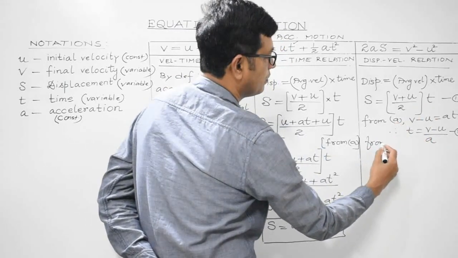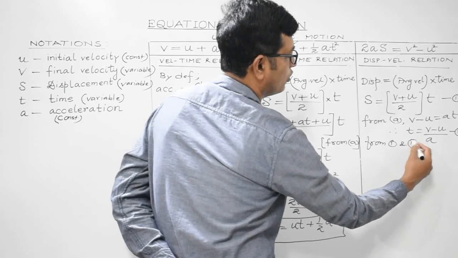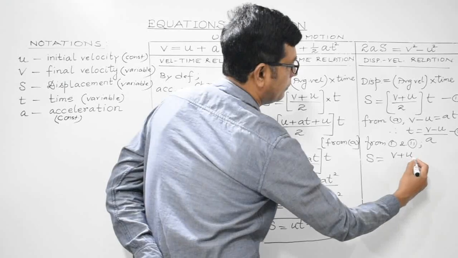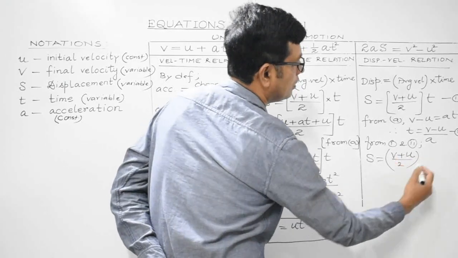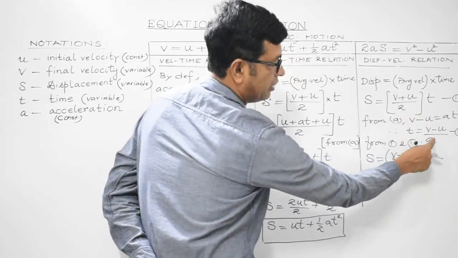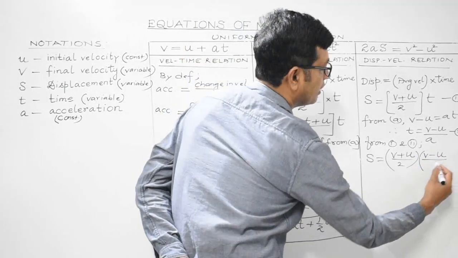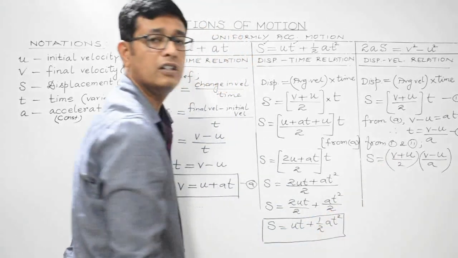So from 1 and 2, what we get is s is equal to (v plus u) by 2, and in place of t, you can write (v minus u) by a. Clear?